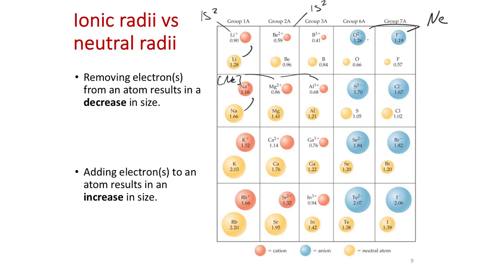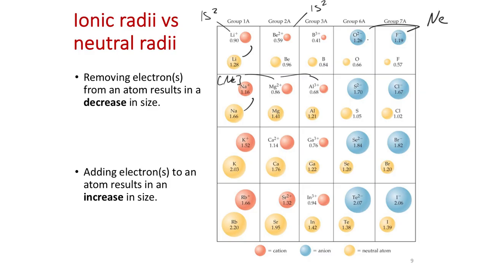So now think about the size of the atom as a result of losing the valence electron. If you think of the cations, of course they're going to become smaller. So cations always become smaller than their neutral counterparts because they lost the negative particle. They lost that big n equals 3 subshell electron, so they're now down to the core in terms of their size. So definitely removing electrons from an atom results in a decrease in size.